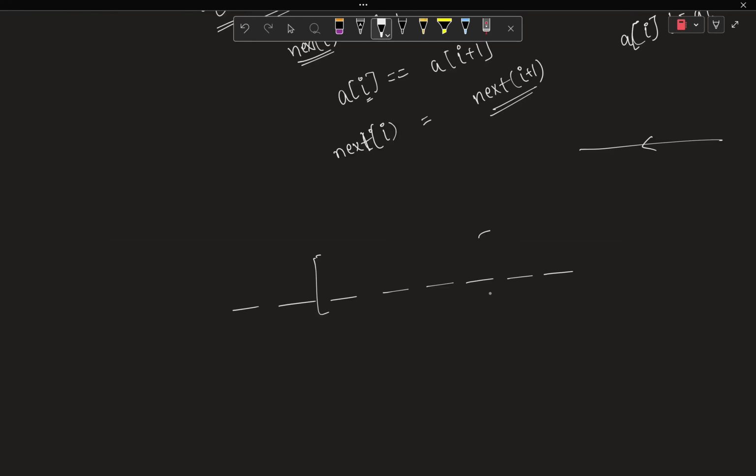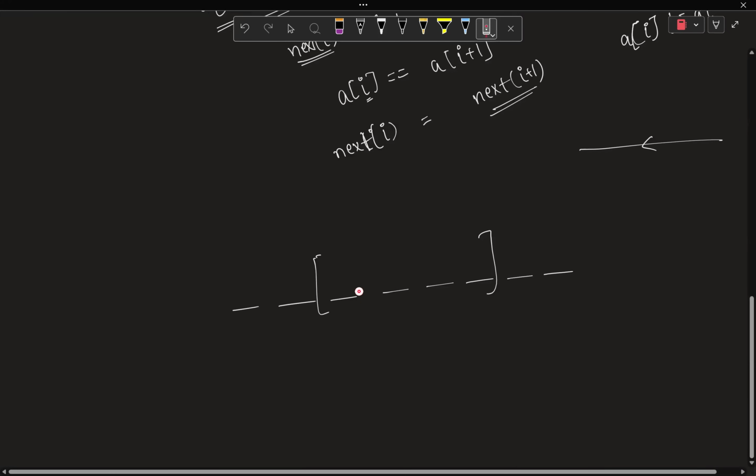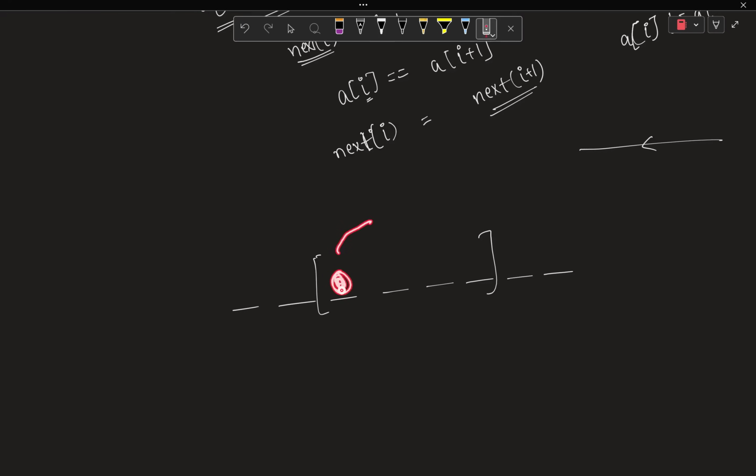Let us say this is the range. For this element, I can just find the first element which is not equal to this.